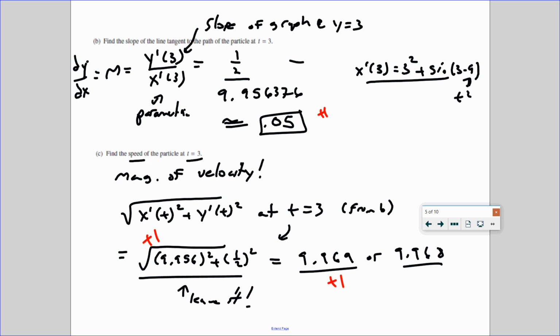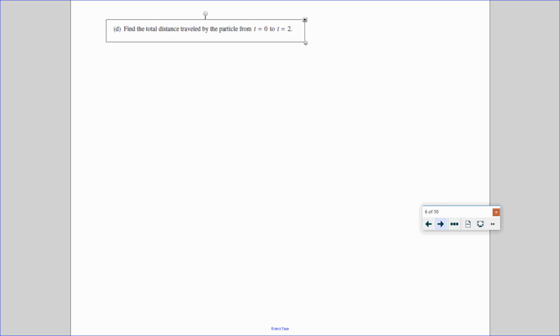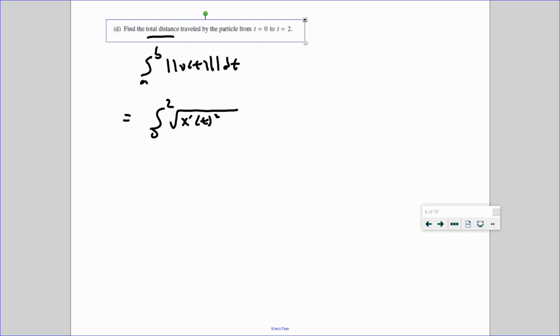All right, for part D right now, we're looking for the total distance. Well, remember, total distance is the integral from a to b of the magnitude of our velocity equation. So from 0 to 2, our magnitude, ready? We're going to get the integral of the square root of x prime of t squared plus y prime of t squared dt.